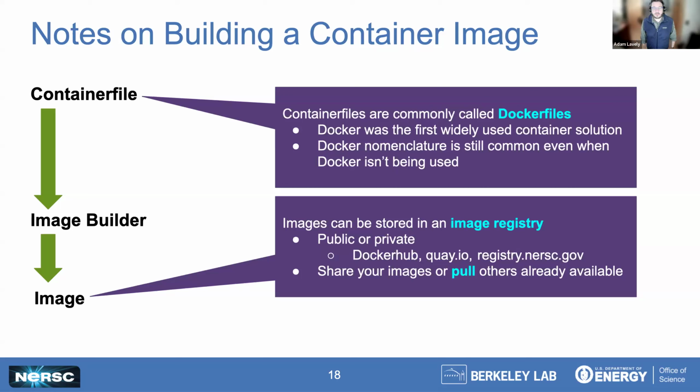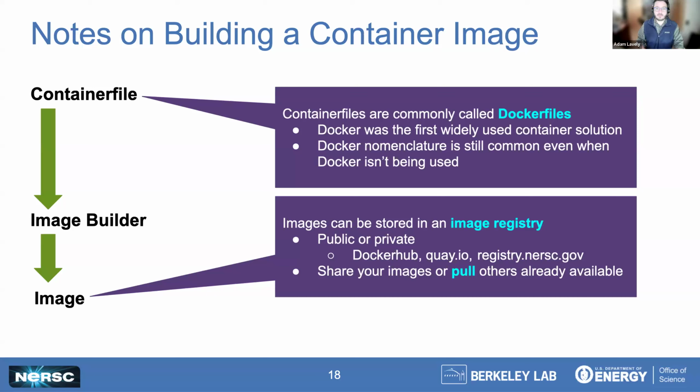So just a couple of quick notes. I am going to try to say container file the whole time. I do want to point out that these are very commonly called Docker files, right? Docker was the first container engine runtime to be widely used. And so just because of history, just because of inertia, they're still very commonly called Docker files.